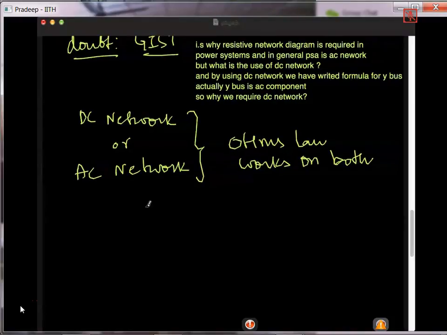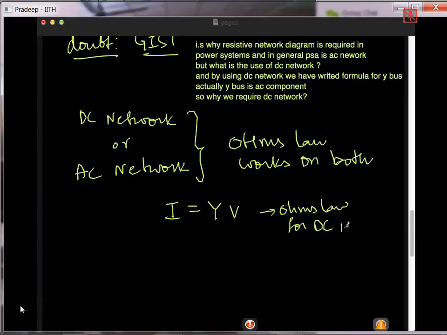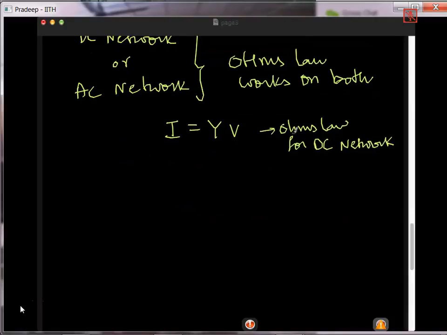So what is Y bus? I equal to Y into V is Ohm's law for a DC network, where I, Y and V are real numbers.